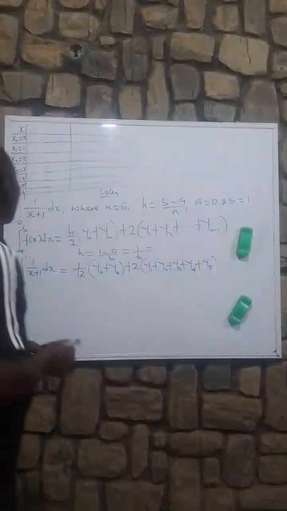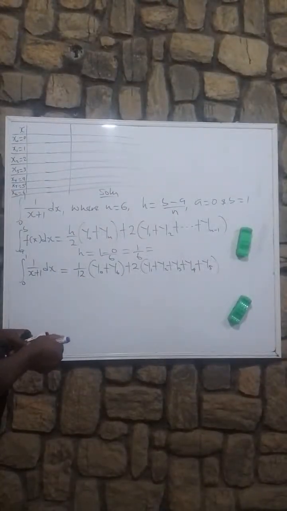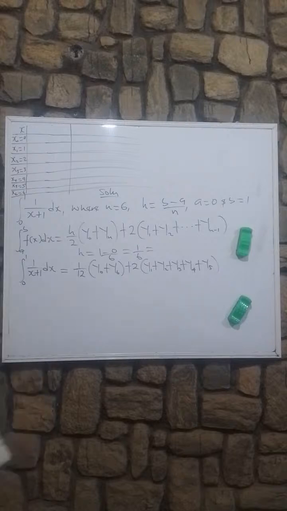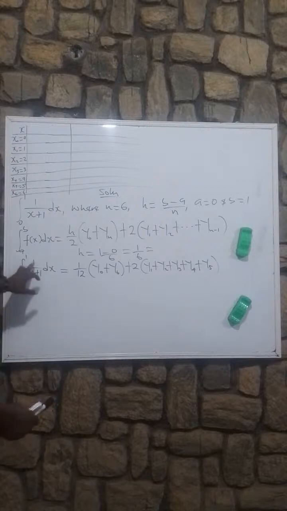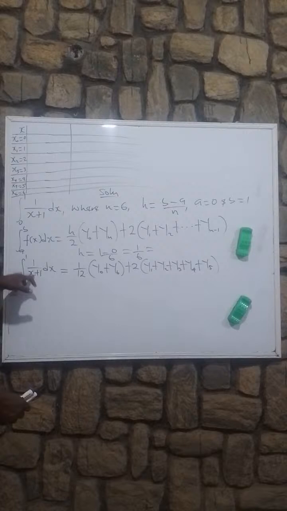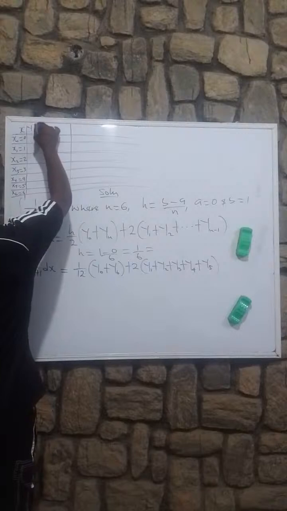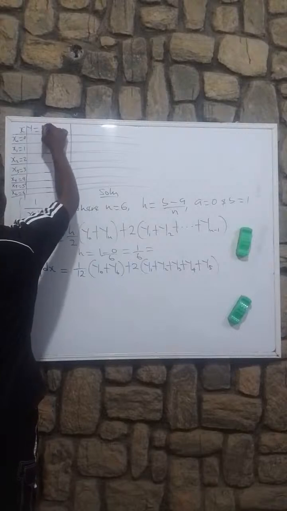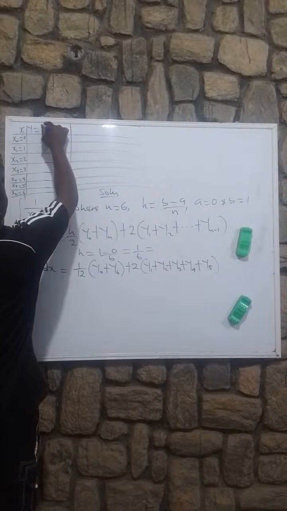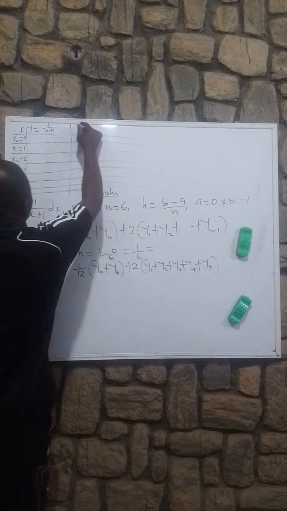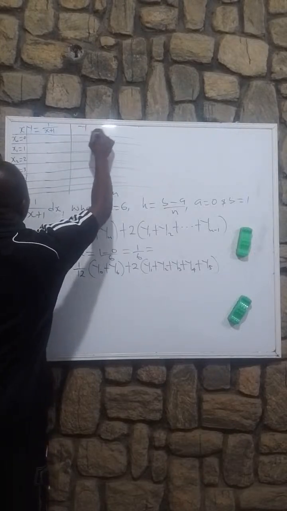Okay, so now let's come back to the function. Are you following? Let's come back to the function. The function here we have is 1 all over x plus 1. So our y is equal to 1 all over x plus 1. Here is y.